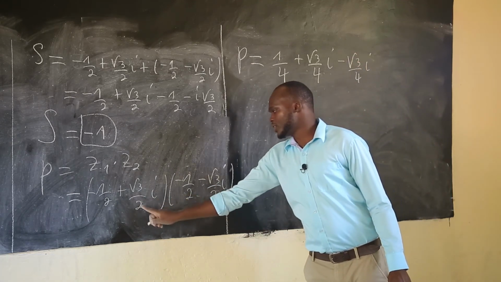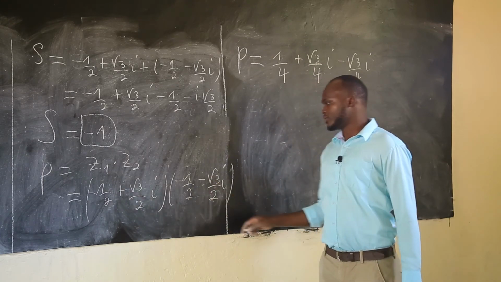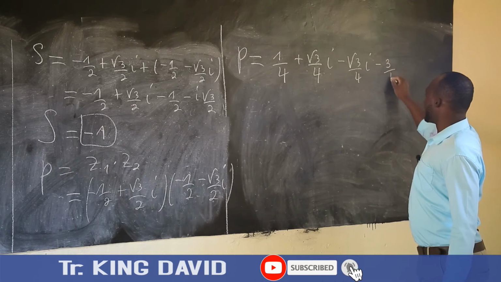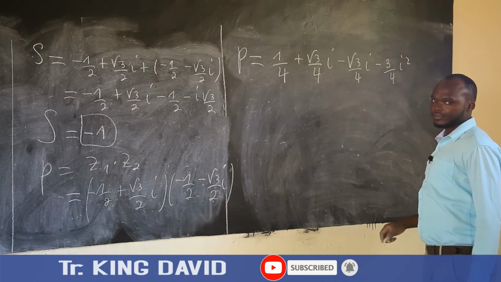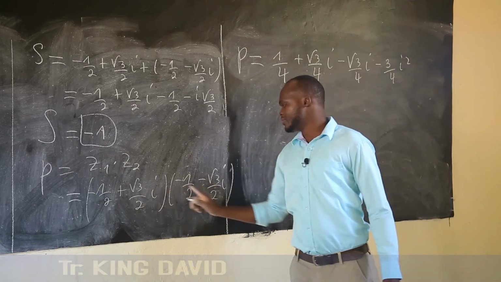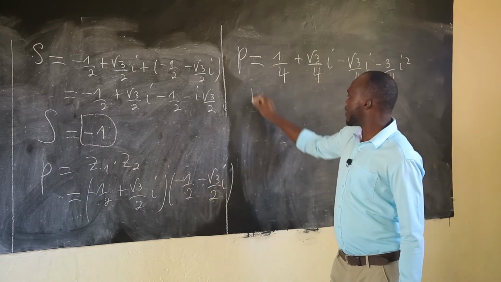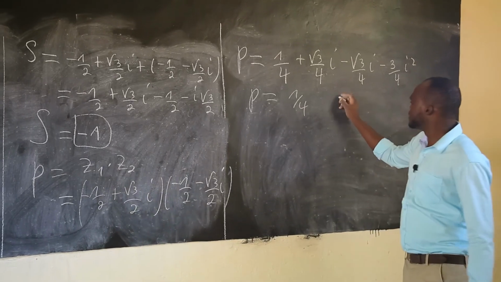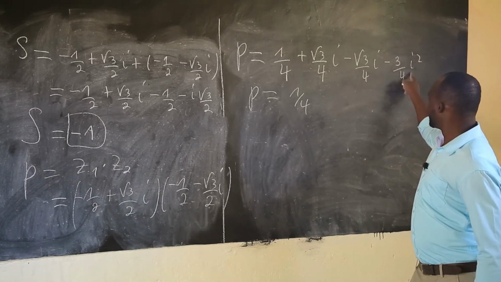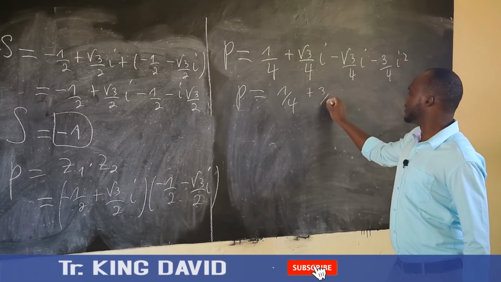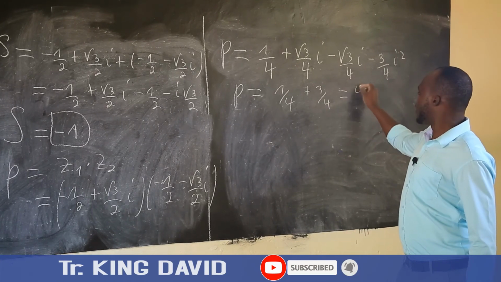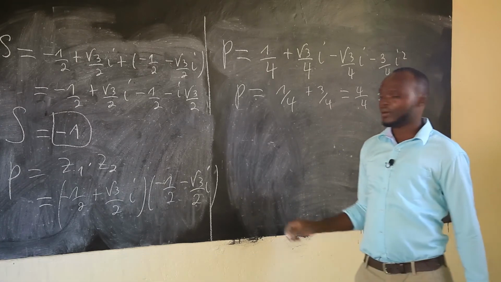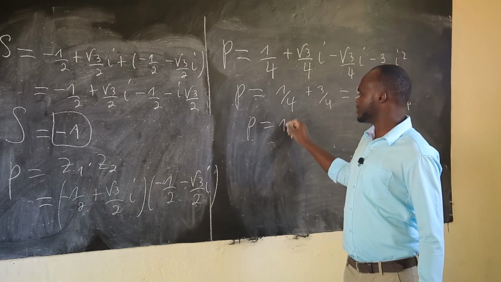Then root 3 over 2 i times negative root 3 over 2 i is negative 3 over 4 i squared, because root 3 times root 3 is 3. Since i squared is negative 1, negative times negative 1 is positive 3 over 4. So the answer is 1 over 4 plus 3 over 4, which is 4 over 4, which is 1. So our p also is 1.